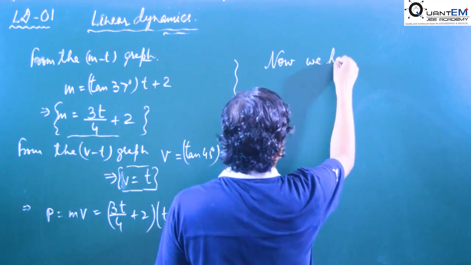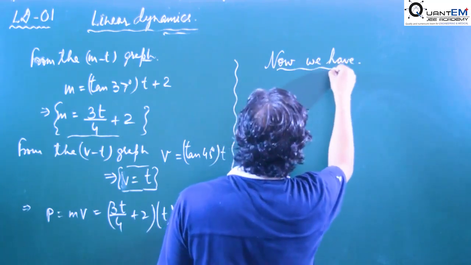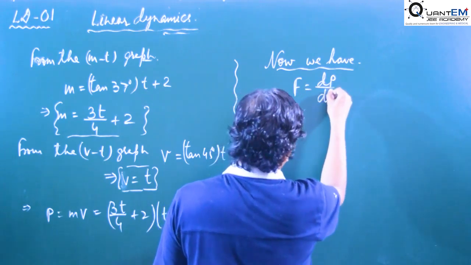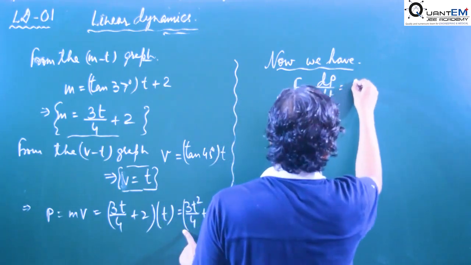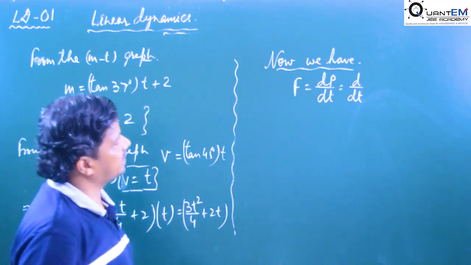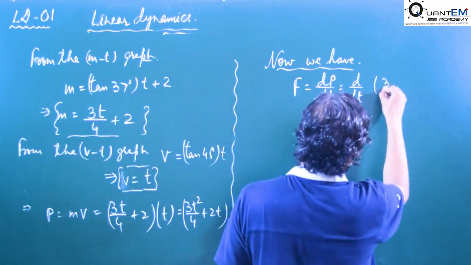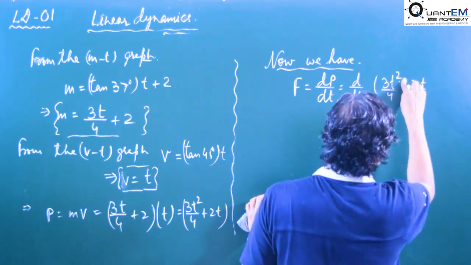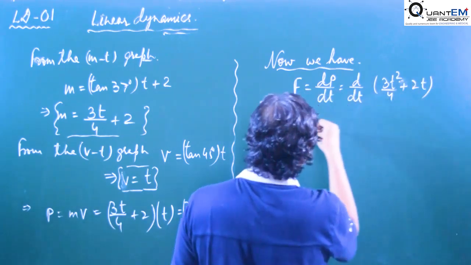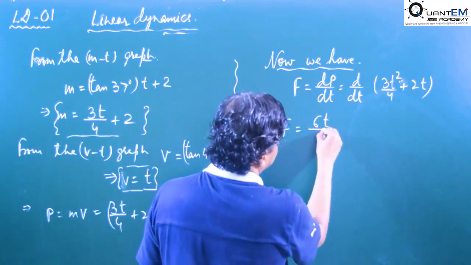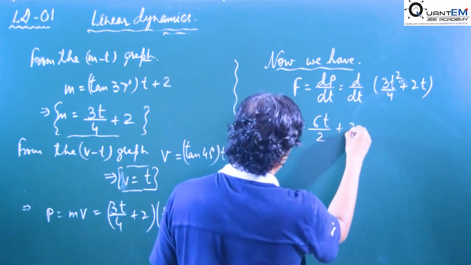Now we have force is equal to the rate of change in the linear momentum. So what is momentum here? It is 3t square by 4 plus 2t. Okay, now we differentiate it. Differentiating we get 6t by 2 plus 2.